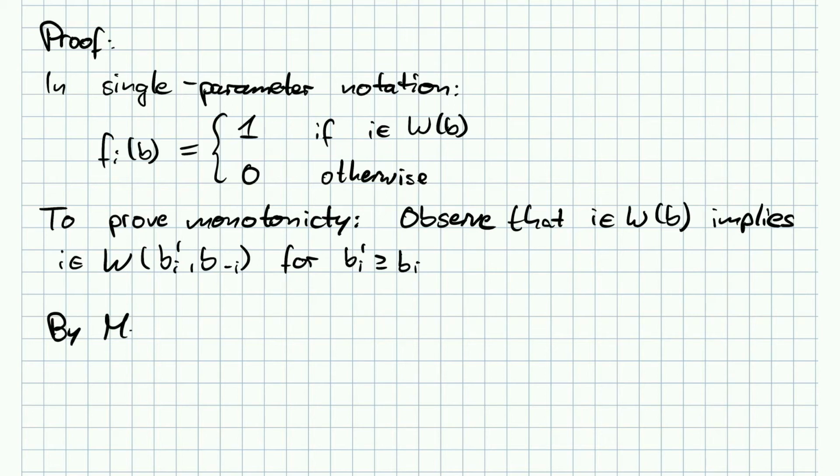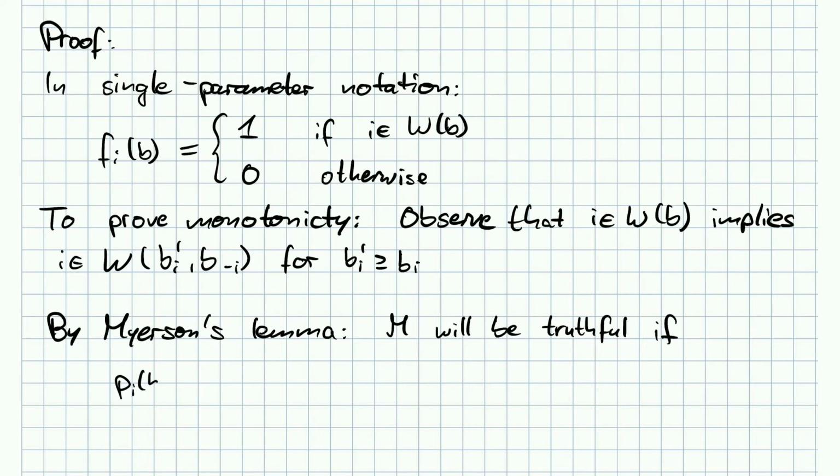By Myerson's lemma, M will be truthful if we set p_i(b) to the following: b_i times f_i(b) minus the integral from 0 to b_i of f_i(t, b_-i) dt.